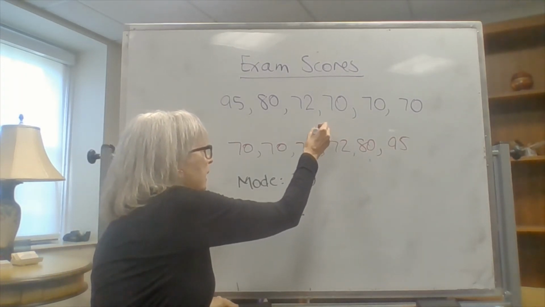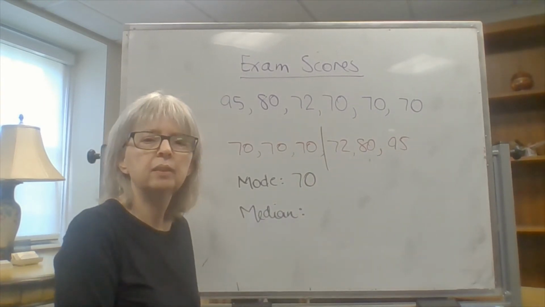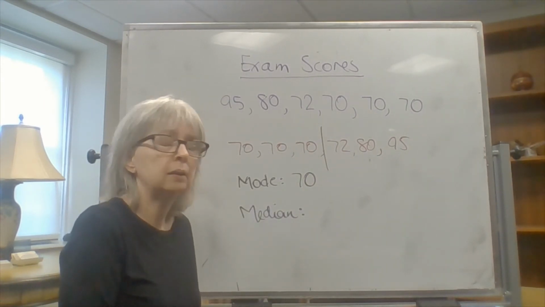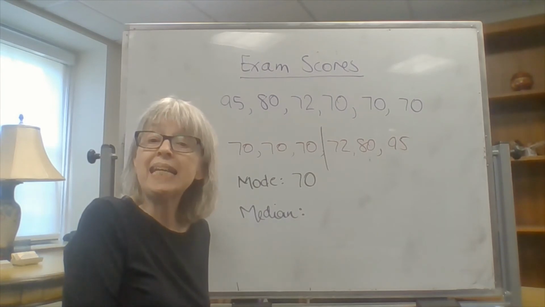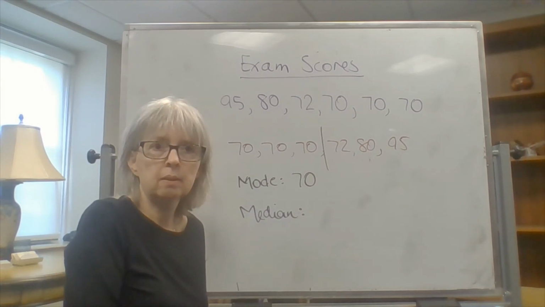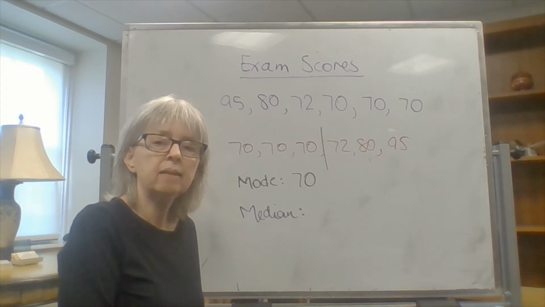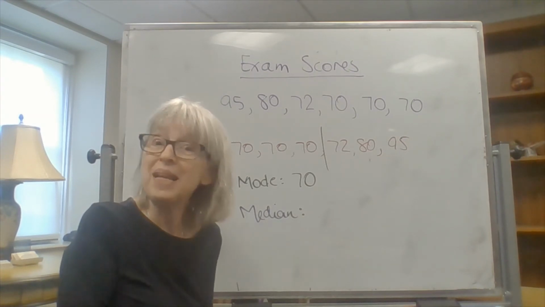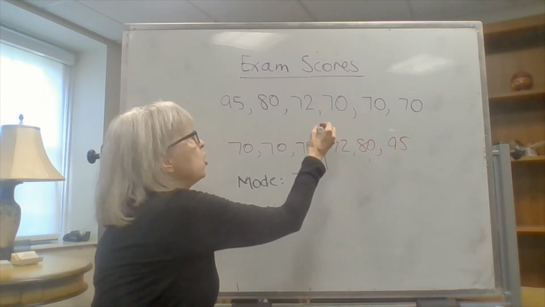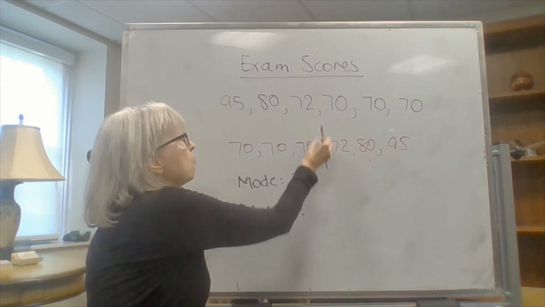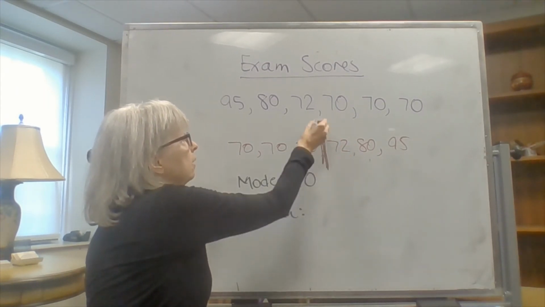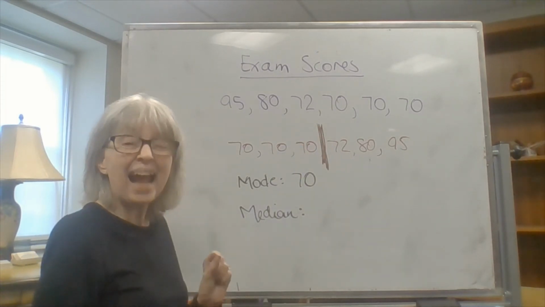When I cut this list in half, I'm cutting it through a comma. So when you have an even number of data values, to find the median, you take the mean of the 2 numbers in the middle. So basically you're asking yourself, what number cuts this exactly in half?